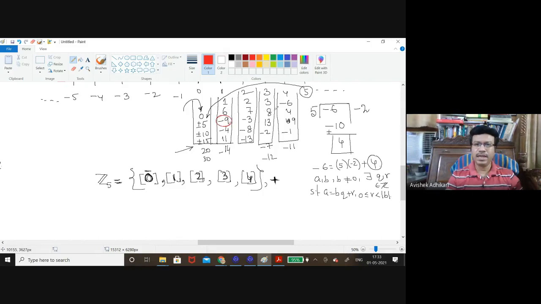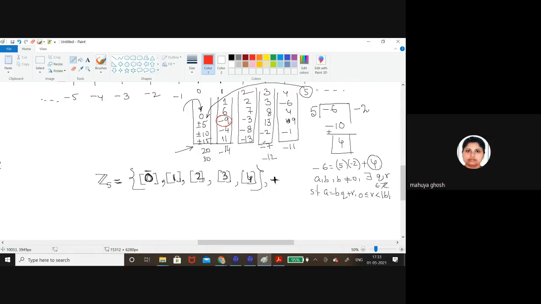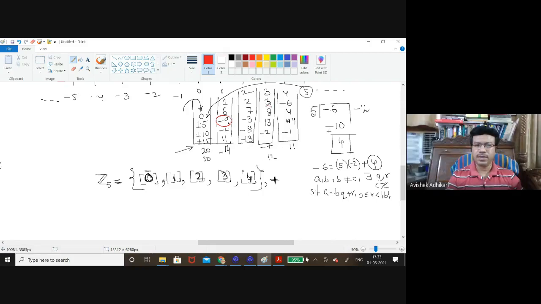And take any element from here, say 8. Very good. Now add them up. Normal integer addition: minus 9 plus 8 becomes minus 1.